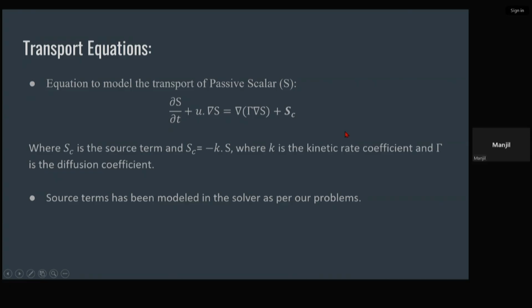So we are modeling the source term in our solver. K is the kinetic rate coefficient with a unit per second, and lambda is the diffusion coefficient. The source terms have been modeled in the solver as per our problems, and we will learn how we will model these terms.